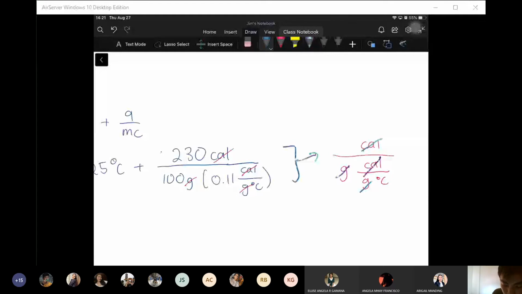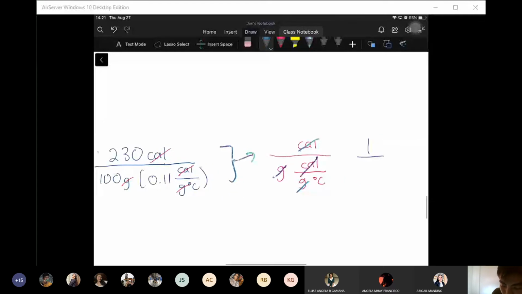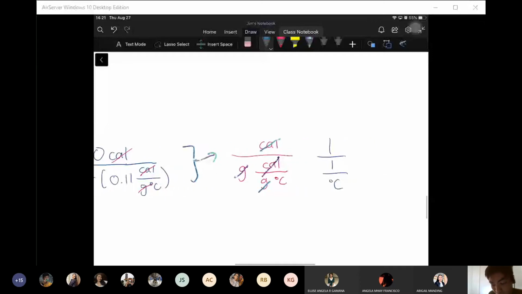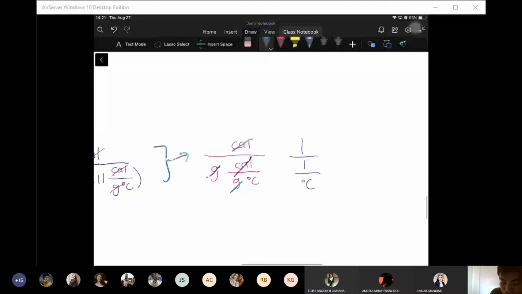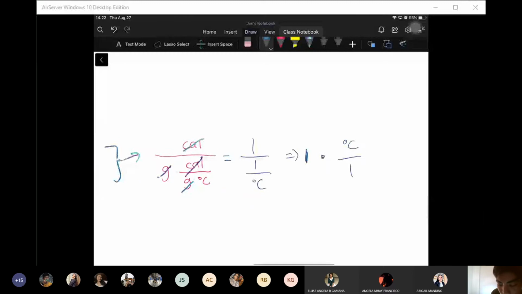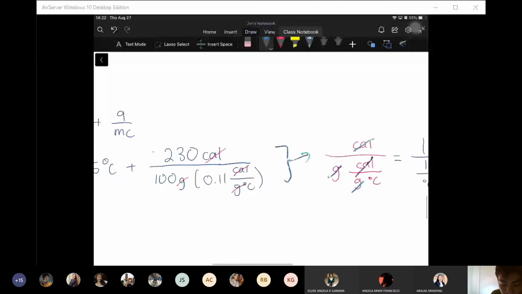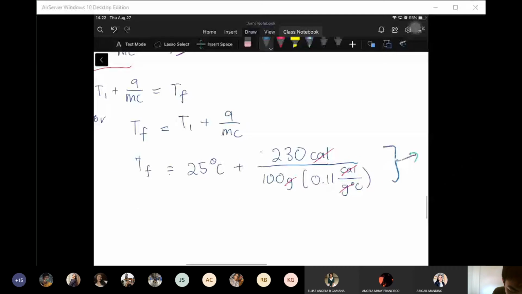So, we're left with 1 over degrees Celsius. Again, how do we deal with a fraction below a fraction? Reciprocal. So, we copy the numerator, then take the reciprocal of the denominator. So, 1 times degrees Celsius, the final unit is degrees Celsius.